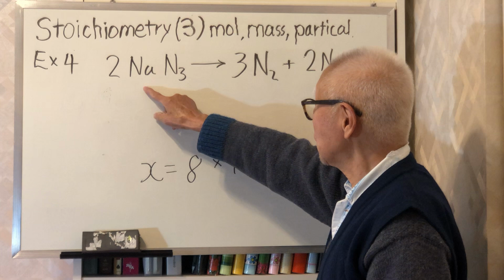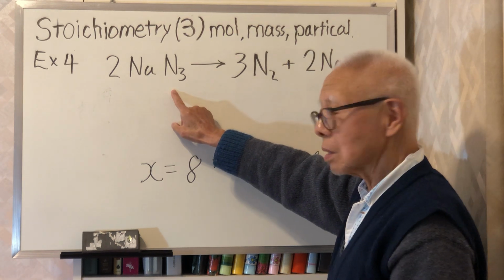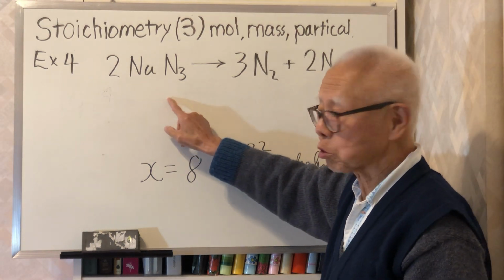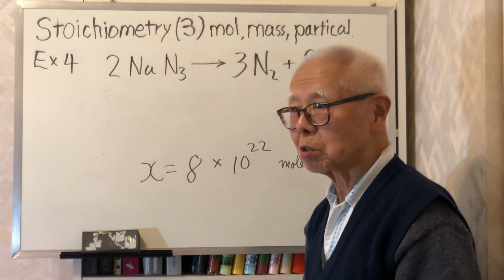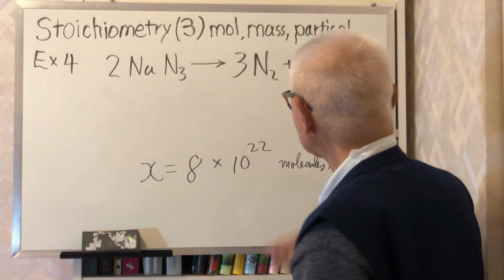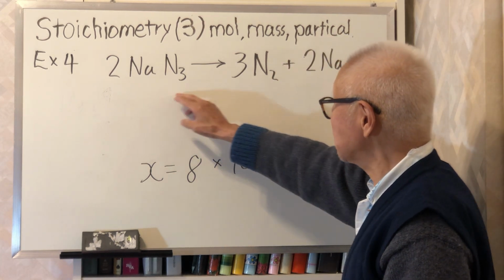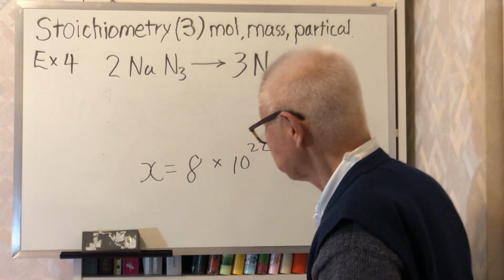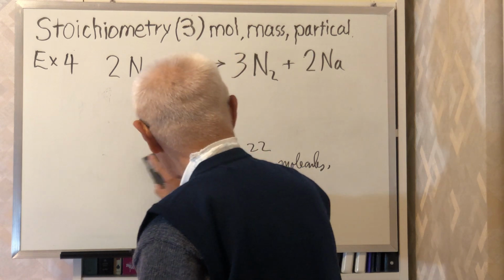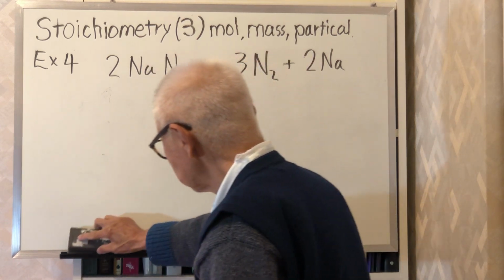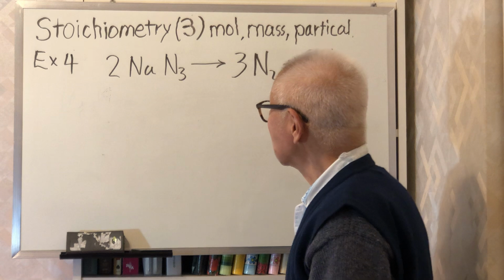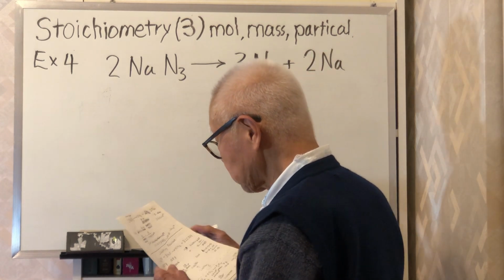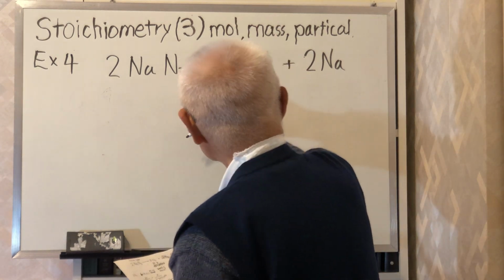So this is sodium. Probably you will say sodium nitrite, but there is a special name for this. It's called sodium azide. When this decomposes, you produce nitrogen and sodium. So what is given?